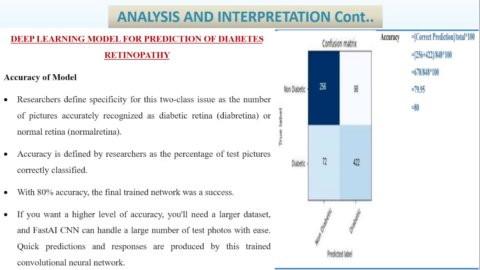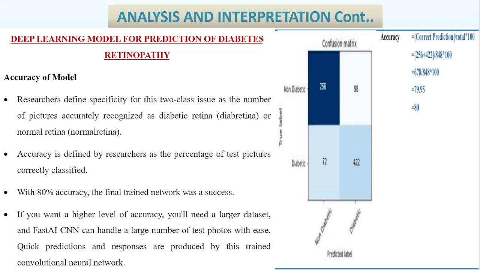Now for the accuracy of the model, the researcher defines and specifies the confusion matrix for these two class issues, non-diabetic and diabetic. Diabetic is 72, and there are 98 diabetic and non-diabetic, non-diabetic 256 and non-diabetic 272 levels.